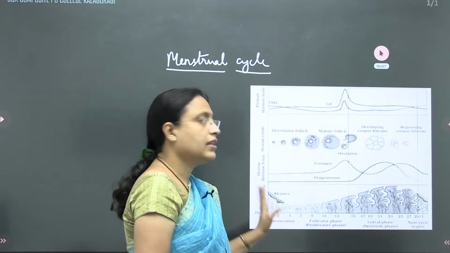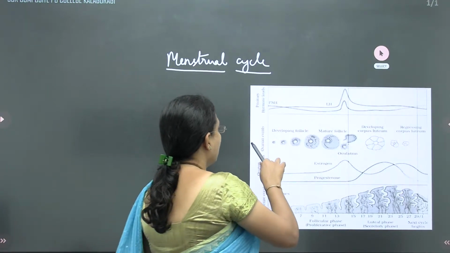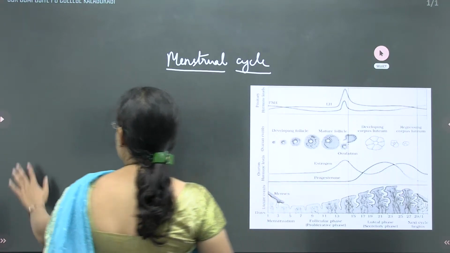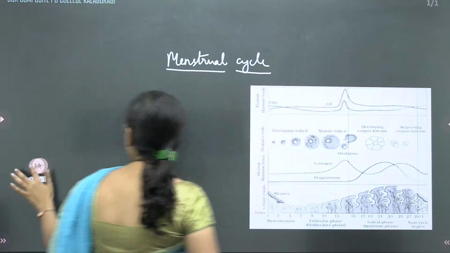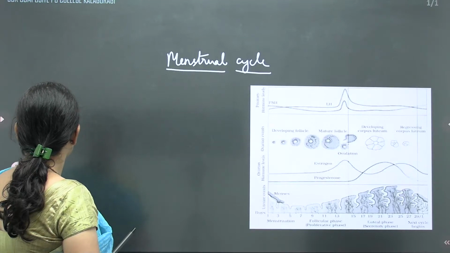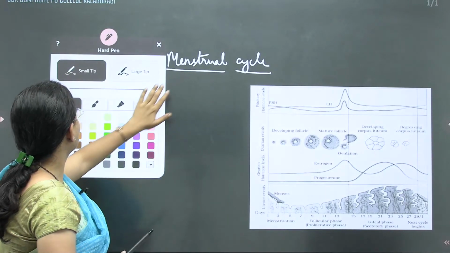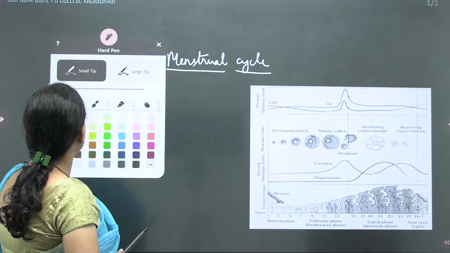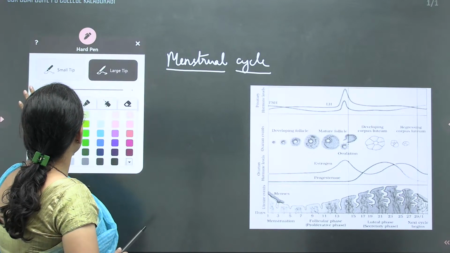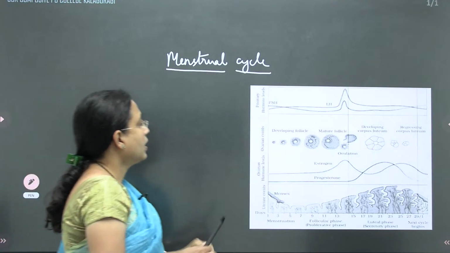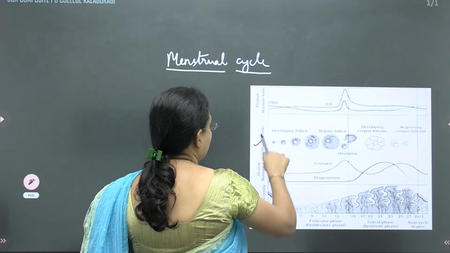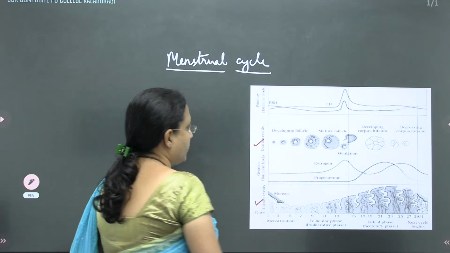And finally the uterine event. So the ovarian event and the uterine event are given. Here you can see this is the ovarian event.